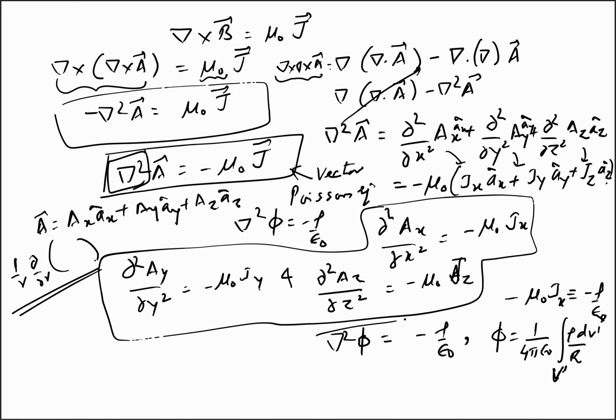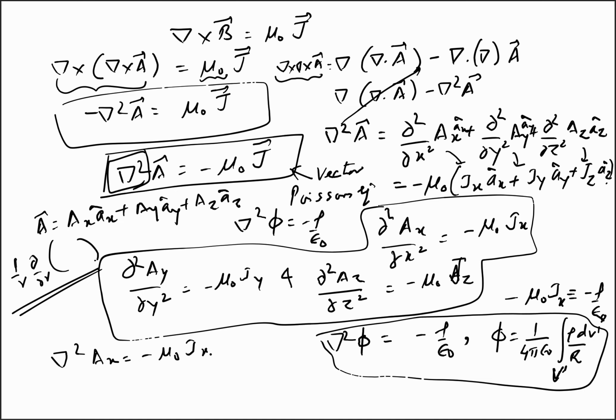So this equation had this solution. The equation del square Ax is equal to minus mu naught Jx will have a similar solution, because similar equations have similar solutions. You see rho by epsilon naught is replaced with mu naught J.